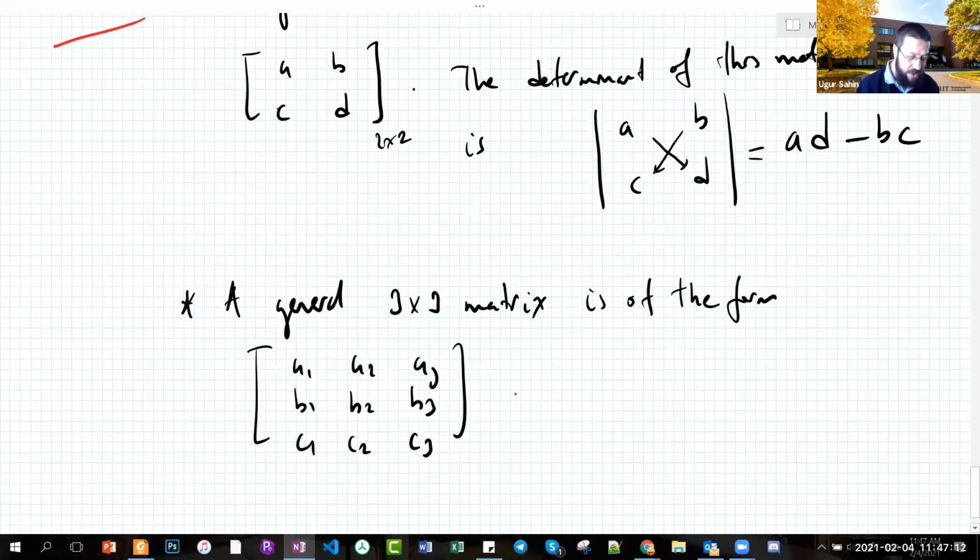And then again, this is the matrix. Of course, you can do a lot of things with the matrix, but the determinant is just one of its features.